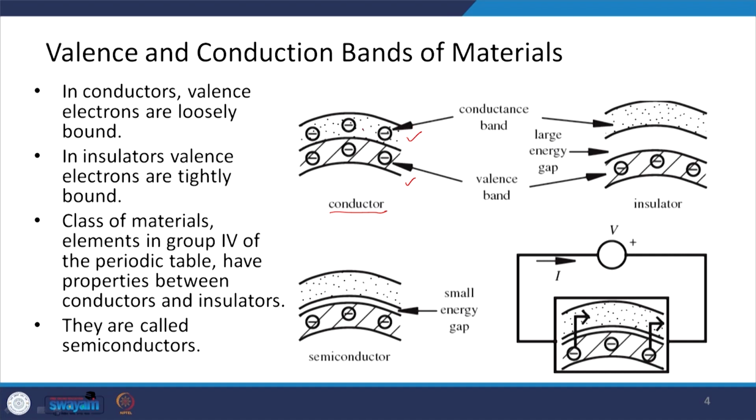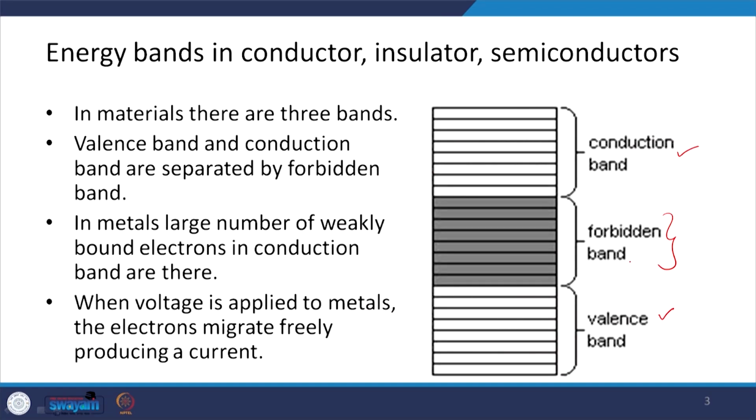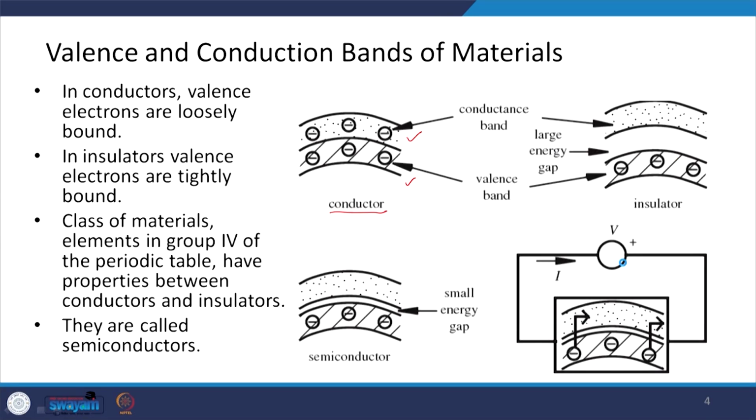In the conduction band there are a large number of electrons, and the separation between the conduction band and the valence band, that is the energy gap which we call the forbidden gap, the forbidden band rather, is very small or insignificant.